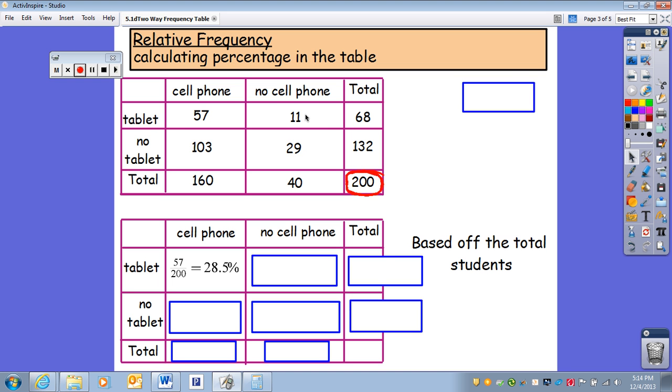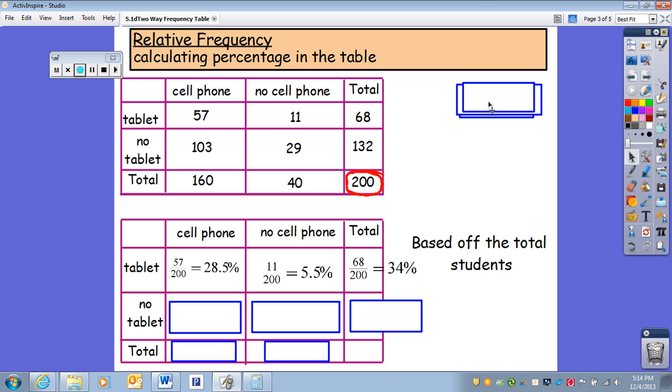That is 11 students. So we would take 11 divided by the 200, and that would give us 5.5%. If we were to take the total amount of students that had tablets and divide it by the total number of students surveyed, 68 divided by 200, that would give us 0.34, which is 34%.